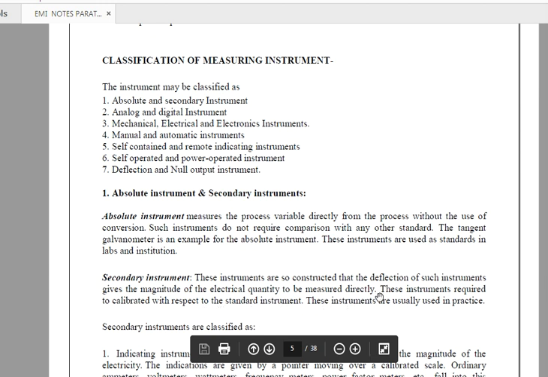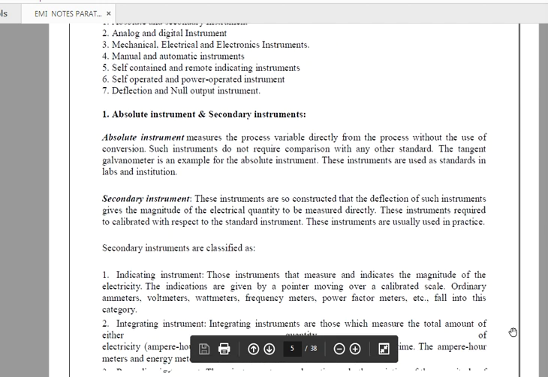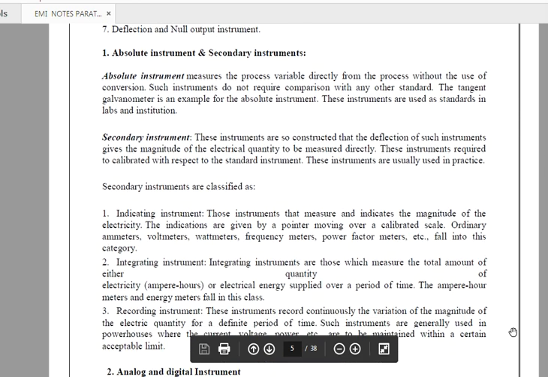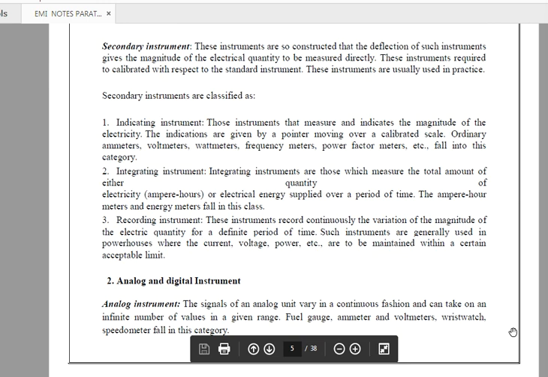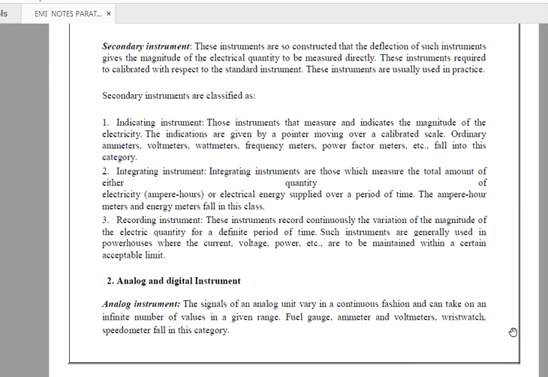These instruments are usually used in practice. In our practice, we use secondary instruments. Secondary instruments are further classified as indicating instruments, integrating instruments, and recording instruments.